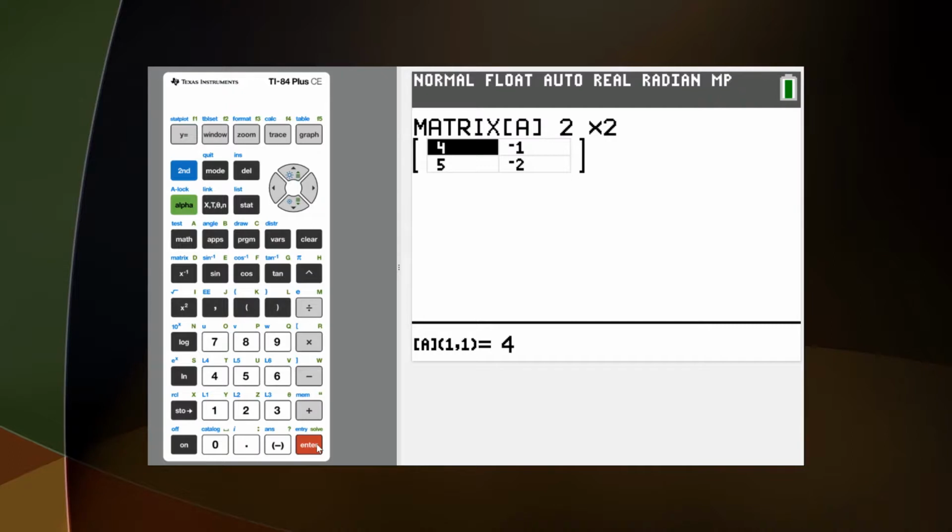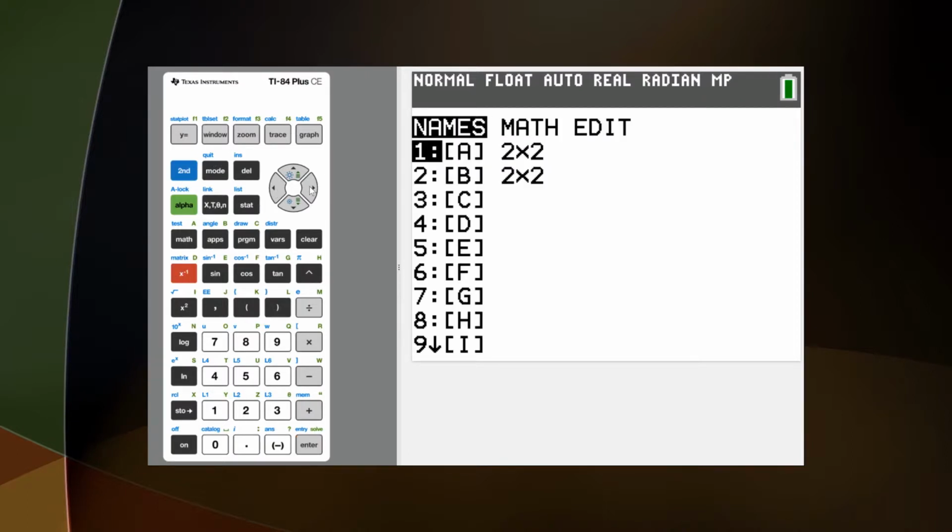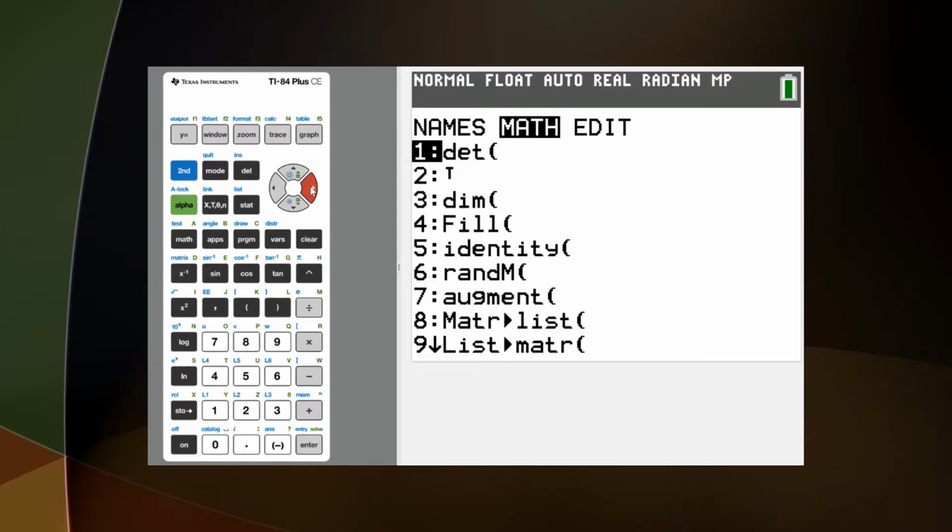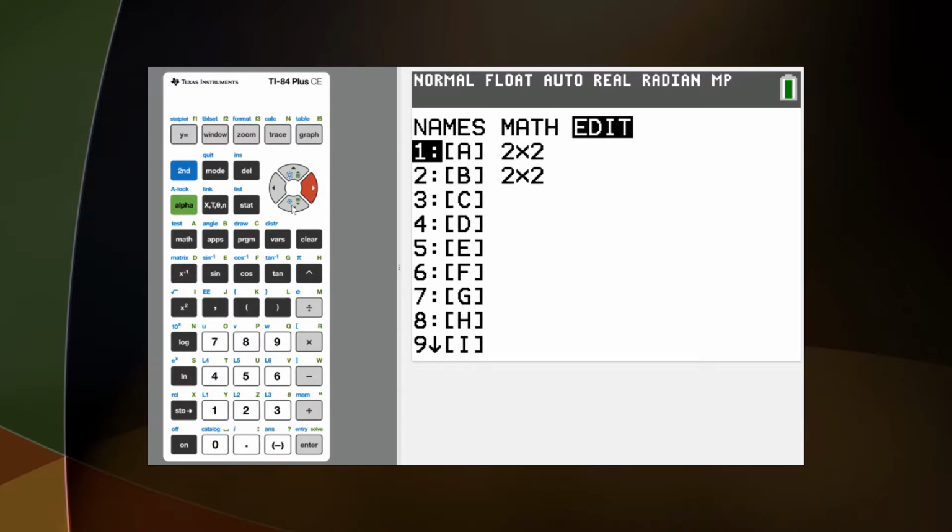And I'm entering into my matrix A what is in your textbook as matrix R, which is 2, -1, and 1 and 3. All right, so there's matrix A. Let's go do something with matrix B, which corresponds to matrix S in the textbook.